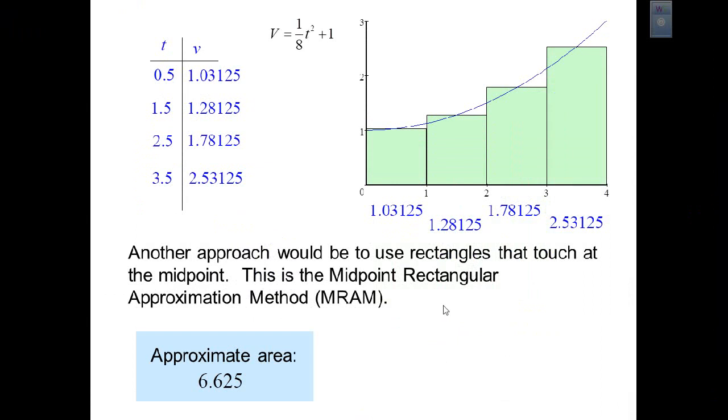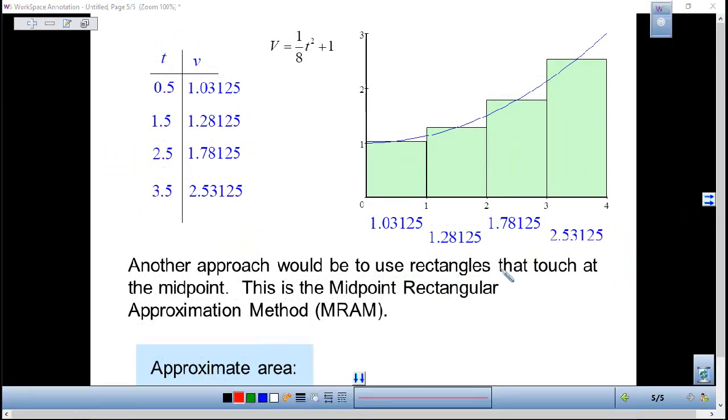Now looking at this one, what would you think this would be? An over approximation or an under approximation? Well, it's not as easy to see here as it is up this direction. But if we look at this part right here versus this part right here, which one has the larger area? The area that's shaded above this or the area that's not shaded here?